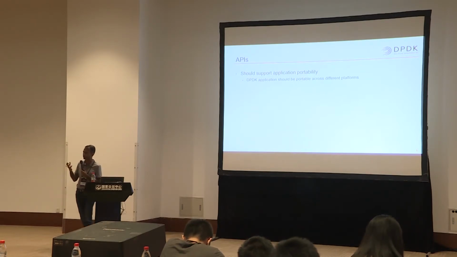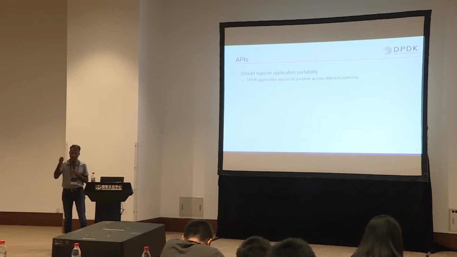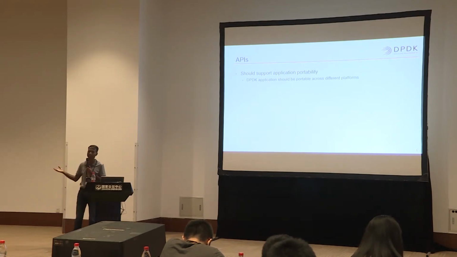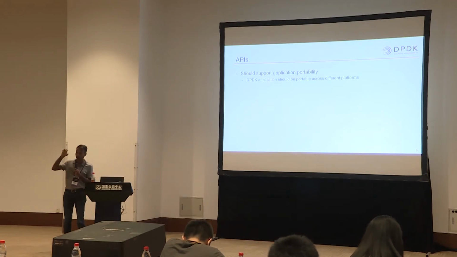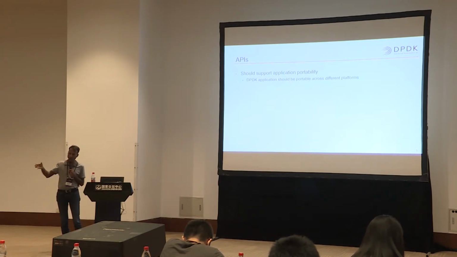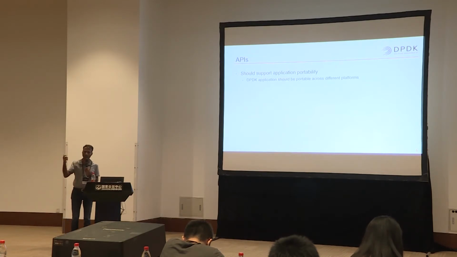When you have multiple implementations of the queue, each one of them might have its own characteristics. For example, a hardware queue might be a non-blocking queue, versus the RTE ring, which is not a non-blocking queue. But if we want to guarantee application portability between these two platforms, we need to make sure that the application is aware of these differences in the characteristics.